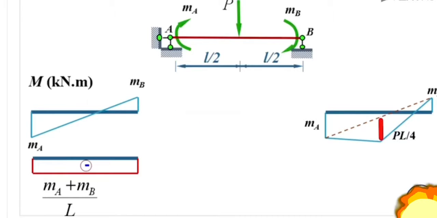For the second case, the shear force diagram is a straight line for two parts.